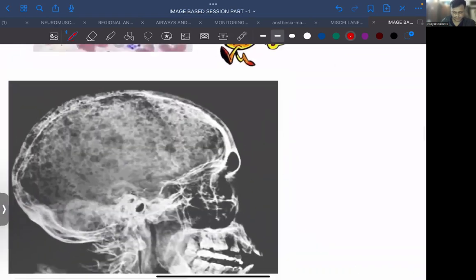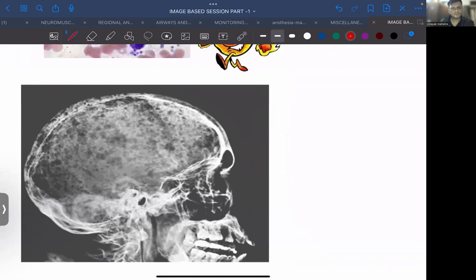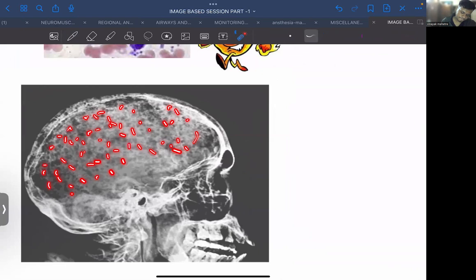What is the appearance of the skull? What is the appearance of the skull here? This is called rain drop appearance of skull.